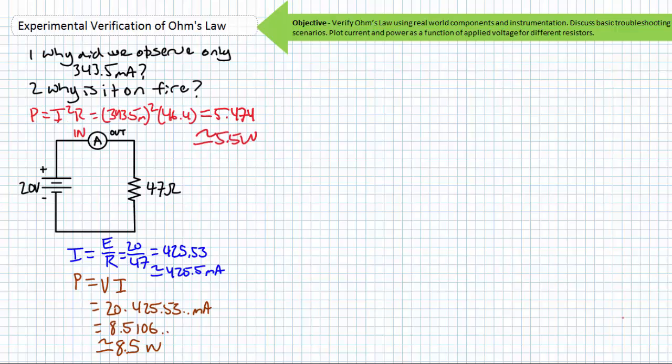In these conditions, the power dissipated by this resistor is P equals I squared R, 343.5 milliamperes squared times 46.4 ohms, which yields approximately 5.5 watts, still obviously way too much for this tiny resistor to handle. The point of this harsh reality check is that real-world components like resistors have power dissipation and performance limits inside which you must operate, otherwise they can be irrevocably and dangerously destroyed.